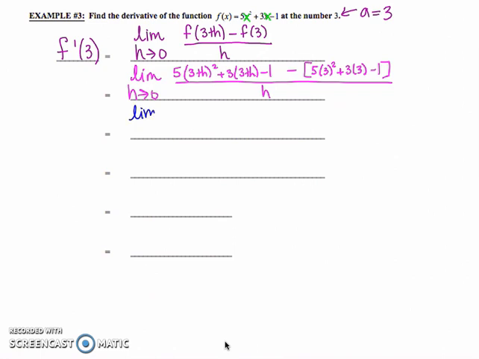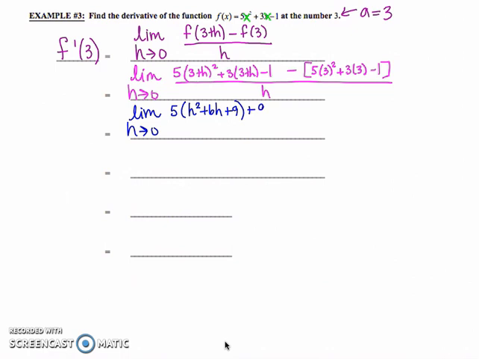So this is going to be the limit as h approaches 0 of 5 times 3 plus h quantity squared, which is 3 plus h times 3 plus h. So when you FOIL that out, you get h squared plus 6h plus 9. Then I've got plus 3 times 3 plus h.